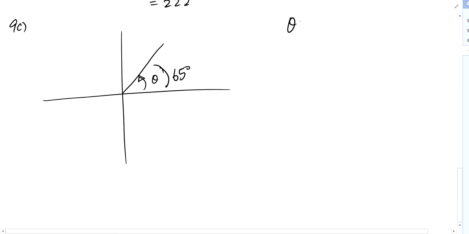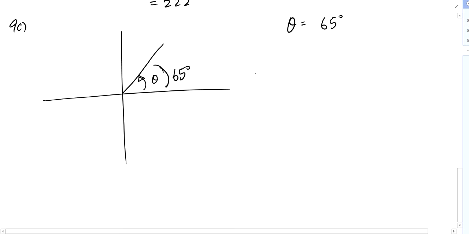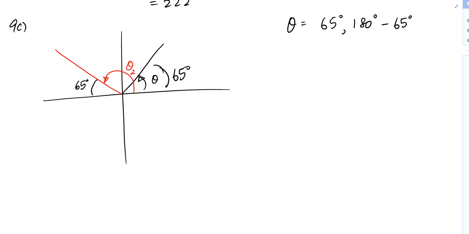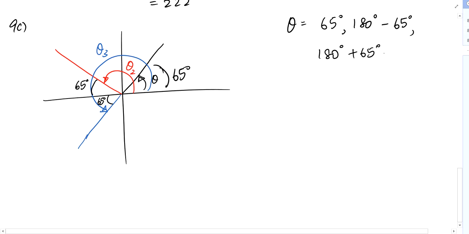Okay, so theta must be equal to 65 degrees. Then in the second quadrant, that's for the second quadrant. Third quadrant, theta 3. With the same basic angle of 65, theta 3 must now be equals to 180 plus 65 degrees.